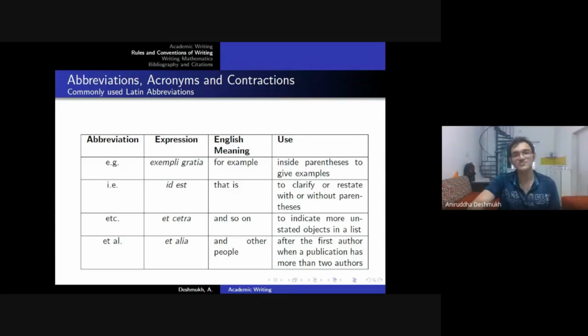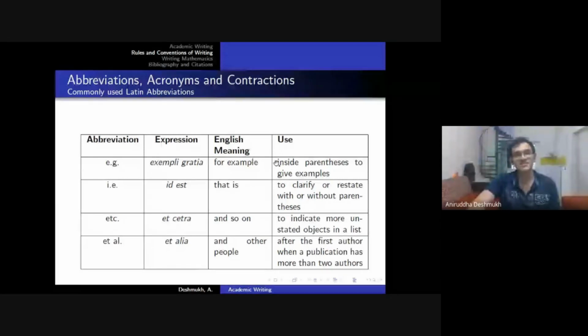Now, it is to be noted that when we use e.g., it is usually used inside parentheses. It is not used inside a sentence. So if you want to give examples inside a sentence, we usually use such as or like. That is what the convention is.